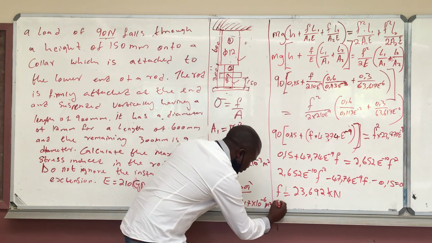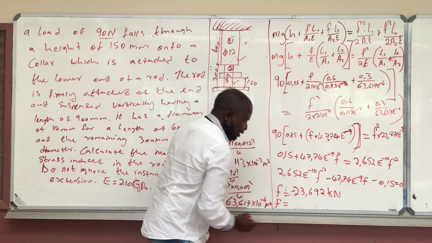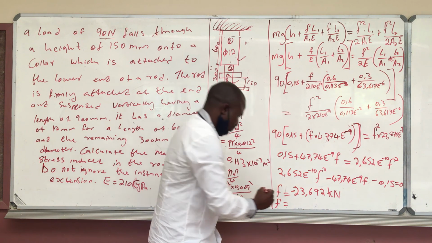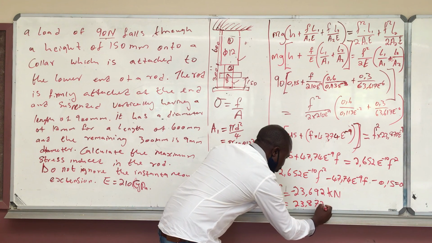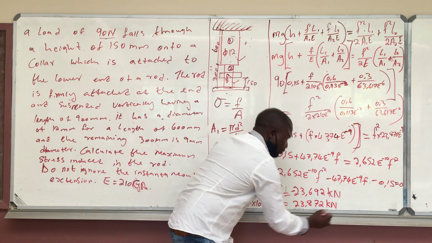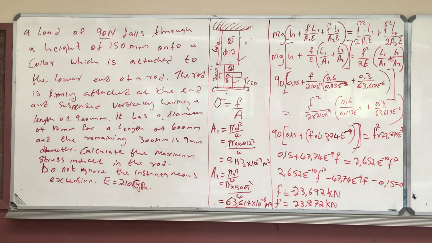The other answer, what do you get? That one should be negative. The other one is 23,872 kilonewton. In this book, they get negative 23,712 or 23,89. Still, it's the same answers.